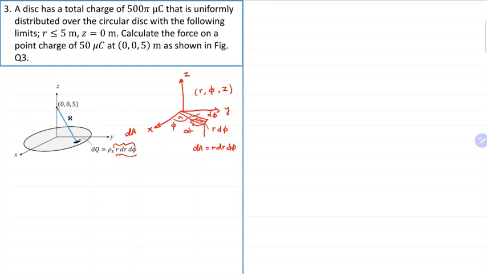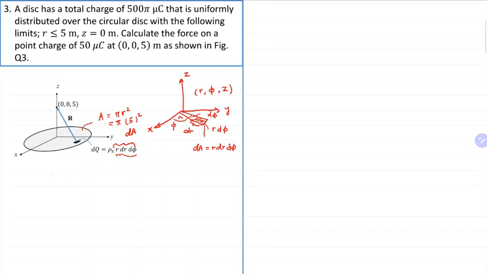So this disk has an area of pi r squared. And the radius of the circle is given as 5 meters, so this is pi times 5 squared.